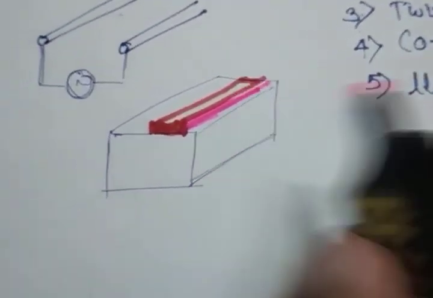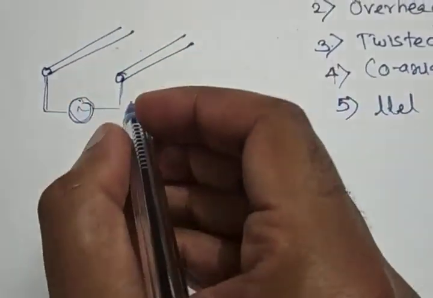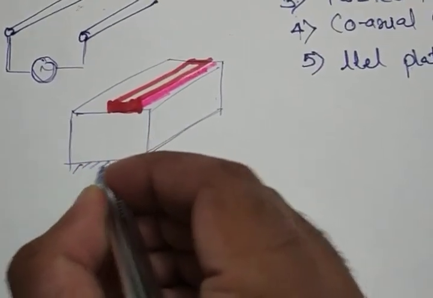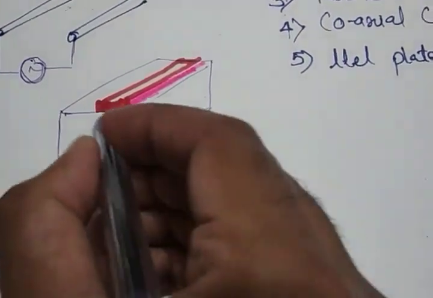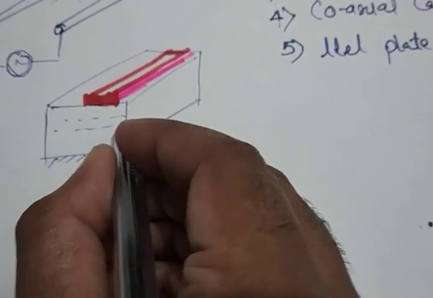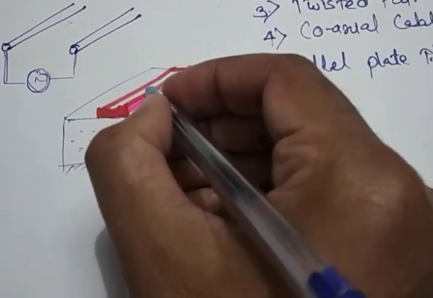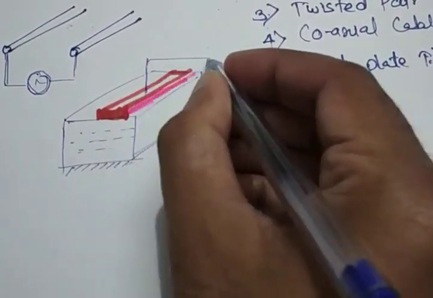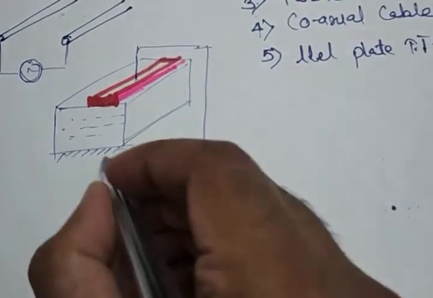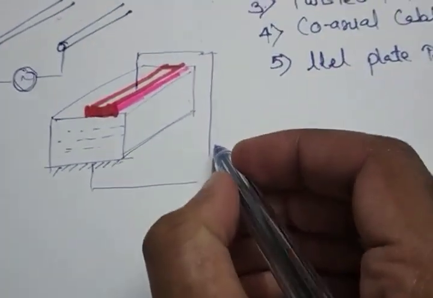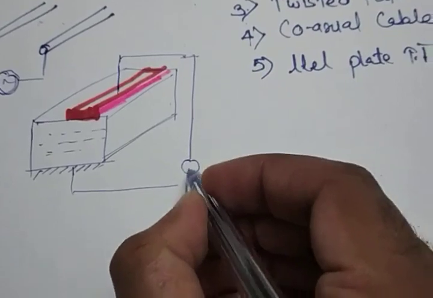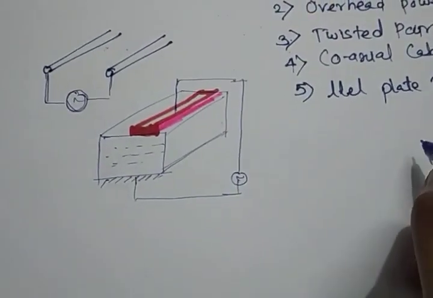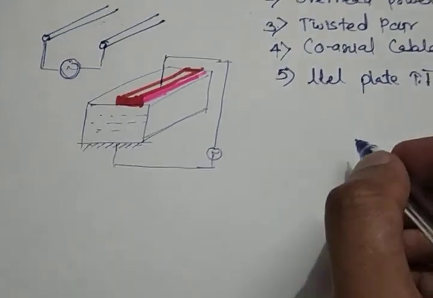These 2 mediums will be connected with each other. Say this will be one surface and this will be another medium, and they will be connected with some sort of source. So we may also have a microstrip line.